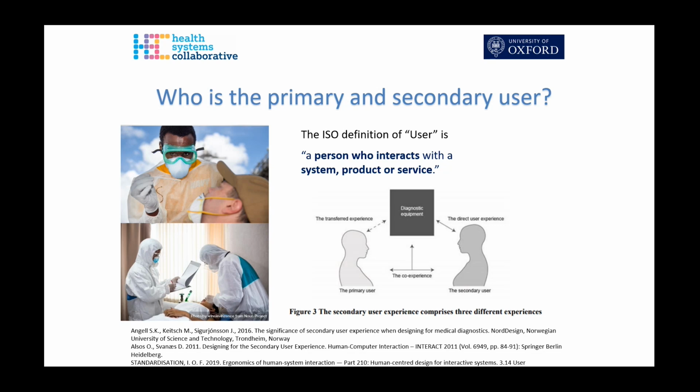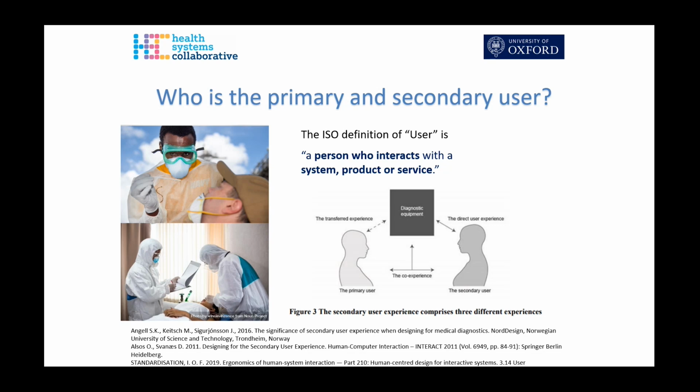So when designing any system or interface, user experience professionals should keep in mind the needs and tasks of the primary user. But the secondary user, even though he does not directly interact with the user interface of, let's say, an app or an electronic device, can still be affected by it.